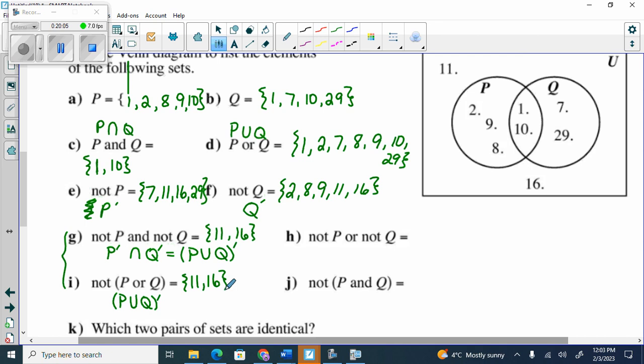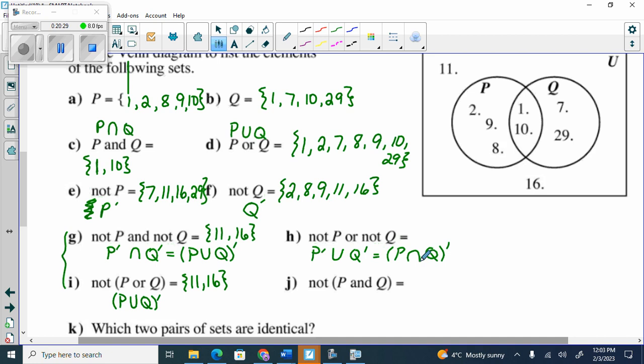Then that one is not P or not Q. So that's the same as saying not P, union, not Q. When they're both negated, I rewrite it. P, Q, not outside, and the union becomes an intersection. So I want what's not in P and Q. So I want what's not in the eyeball. So I list everything but what's in the eyeball.